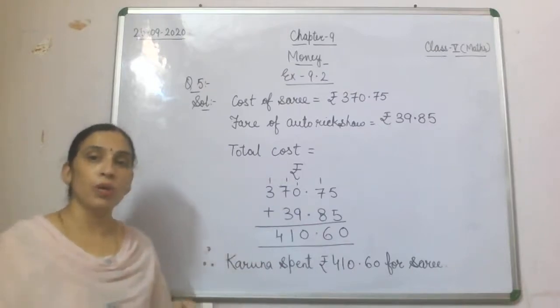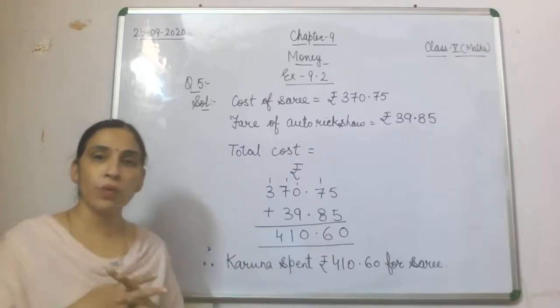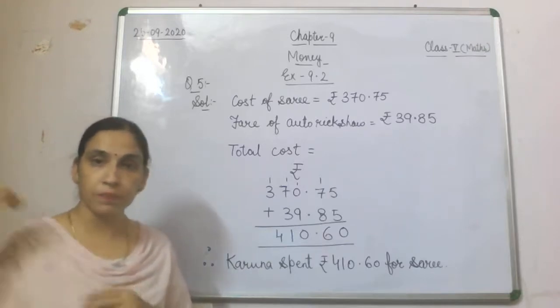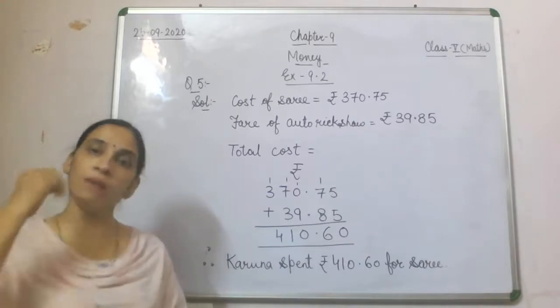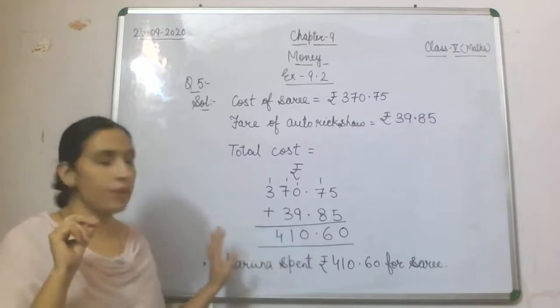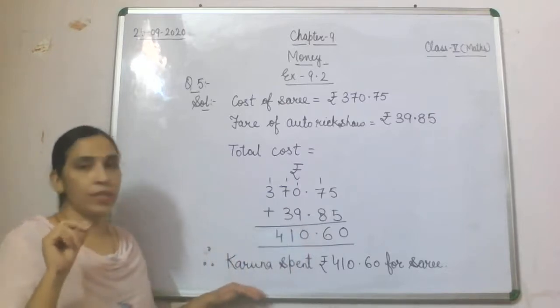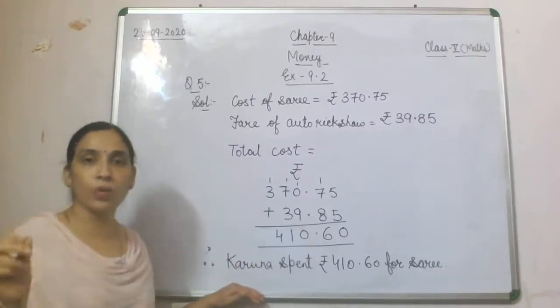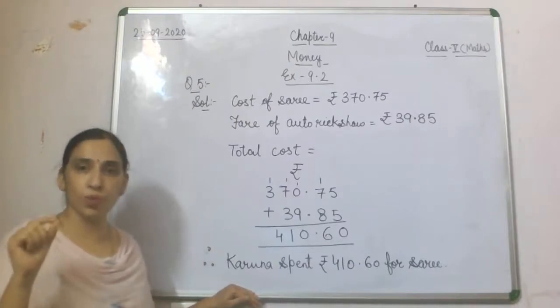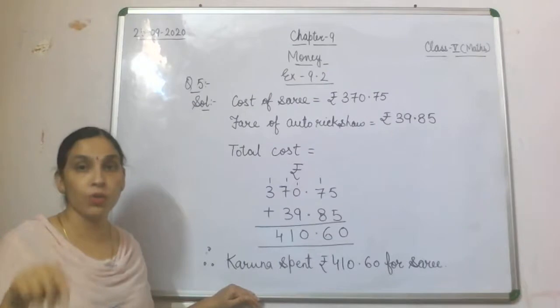Okay, now I'll give you one more example. If you have 500 rupees and you go to the market and you have to take petrol also, and buy all the rest of the things also.